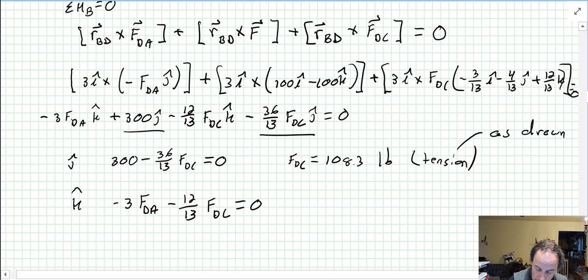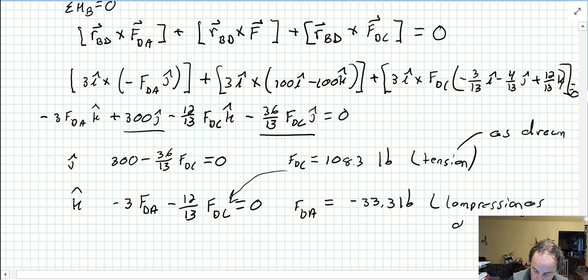You work that out because we have FDC. So you get FDA equal to minus 33.3 pounds. And this is compression as drawn.